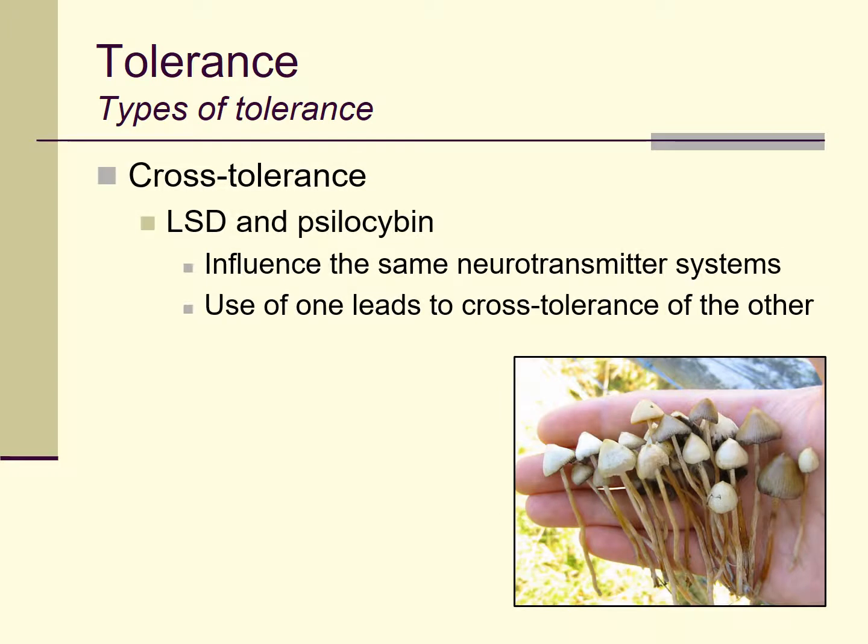Psilocybin and LSD influence the nervous system in a very similar way. They influence some of the same neurotransmitter systems, although they are different molecules. As a result of this shared mechanism, if you use one drug repeatedly, LSD for instance, you'll become tolerant to psilocybin or vice versa. And there are some other examples that can occur with cross-tolerance as well.